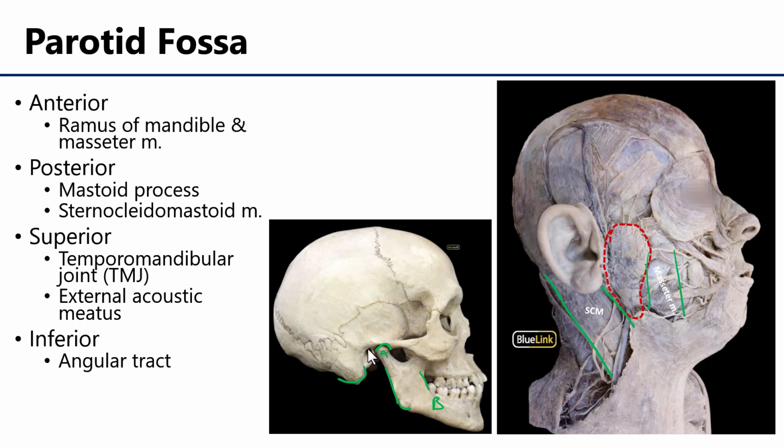The external acoustic meatus, which we can see there, leads to the external ear. And inferiorly, there's the angular tract, which is a bit of connective tissue that we'll be able to see in the course of dissection of the submandibular area.